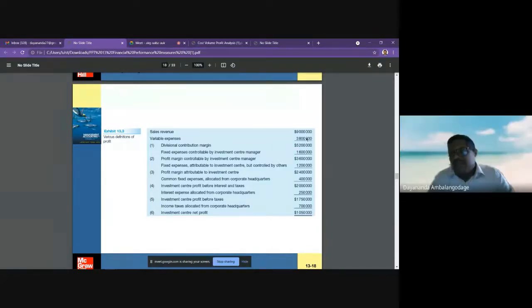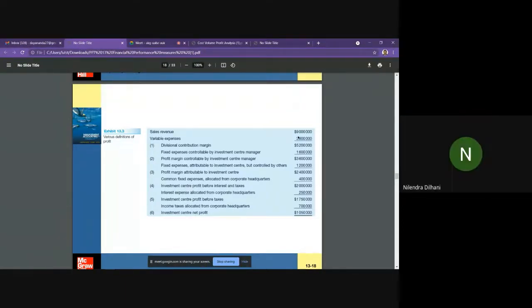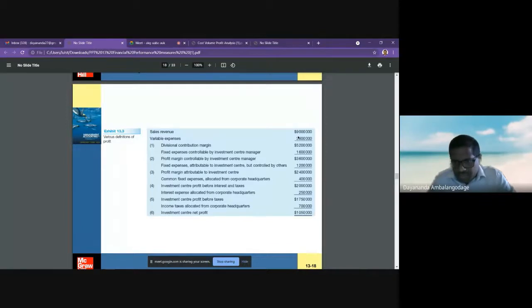For example, if you are running a small business, a bakery, the variable cost incurred in your bakery is controllable to you. Variable cost is always just because of operational decisions. So thereby variable cost is controllable.